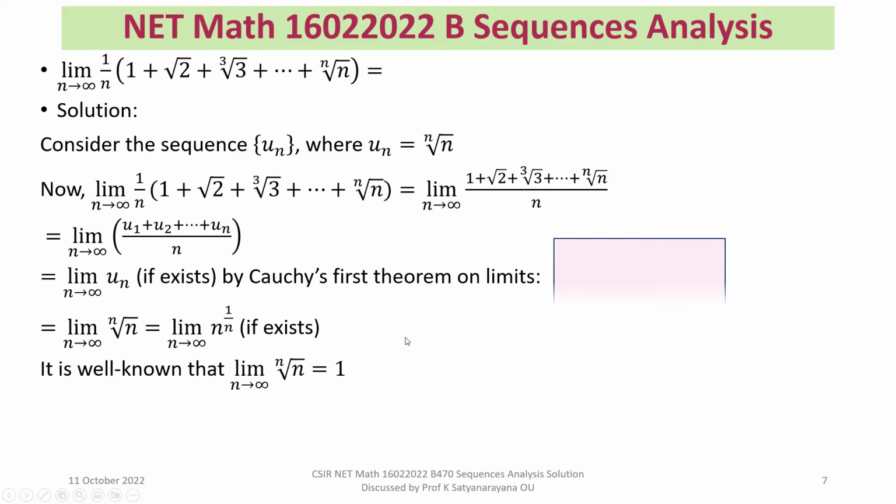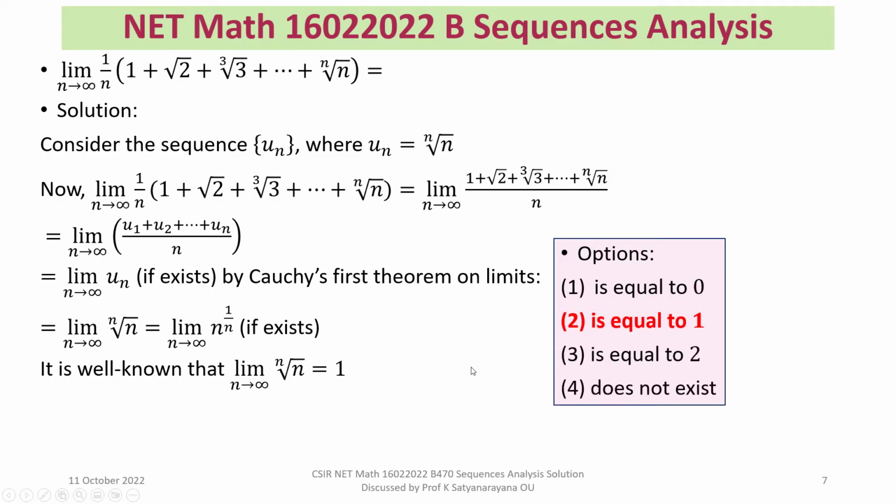So, let's look at our options: our answer is option 2, because the limit of the given expression is equal to limit n tends to infinity of n to the power of 1 by n, and that is 1. Therefore, our answer is option 2.